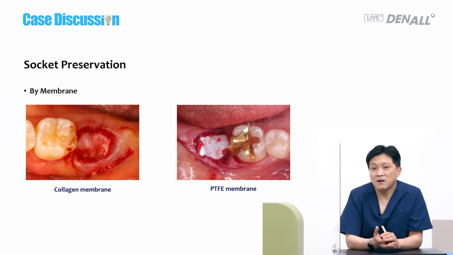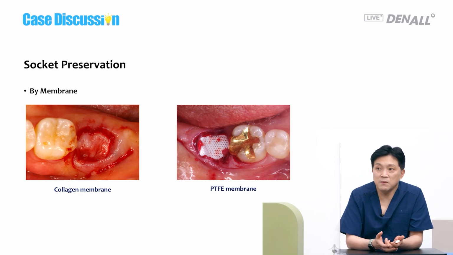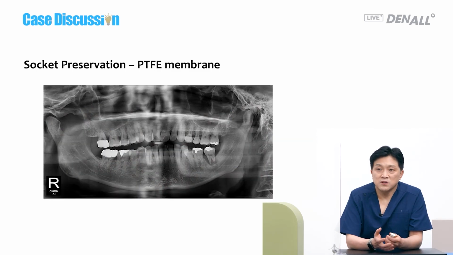Second, they can be classified depending on what type of membrane is used. Collagen membrane and non-resorbable PTFE membrane can be used for socket preservation. First, if you use a PTFE non-resorbable membrane, you need to remove it. I have a similar case.